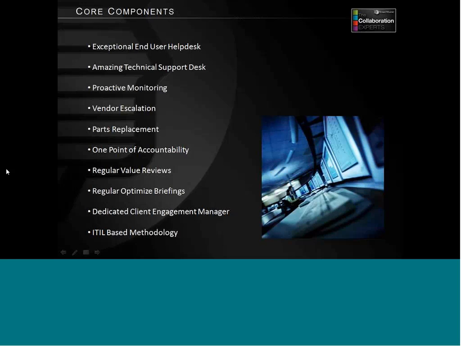The next area is optimized briefings. I mentioned earlier the fact that the technology is moving very quickly.